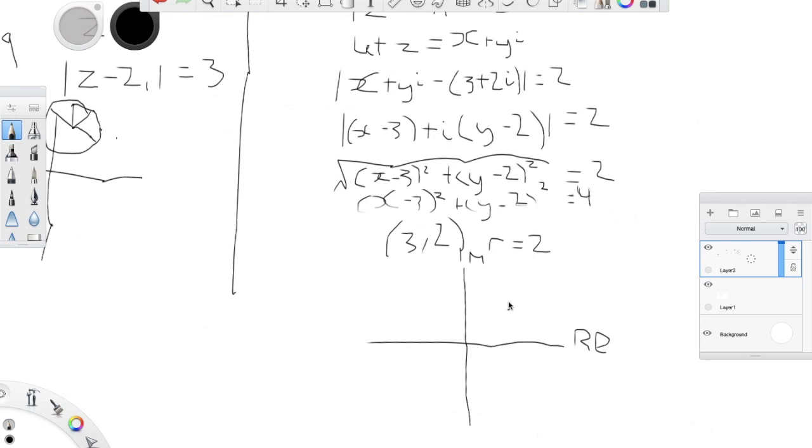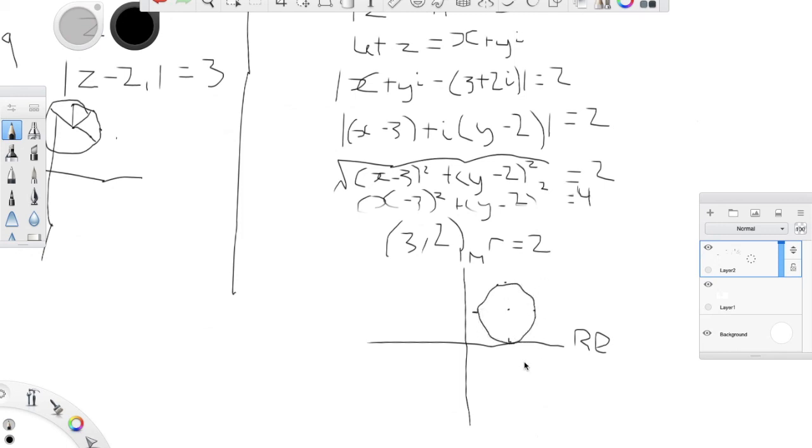Radius of 2, so we can draw that, and it should touch the x-axis. And draw a nice, somewhat neat circle in here.